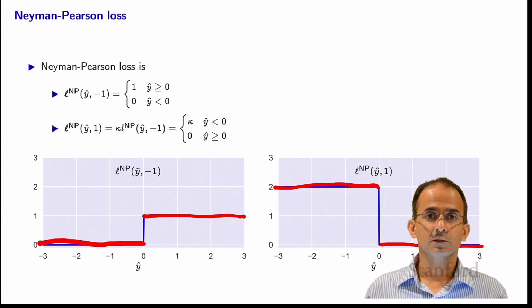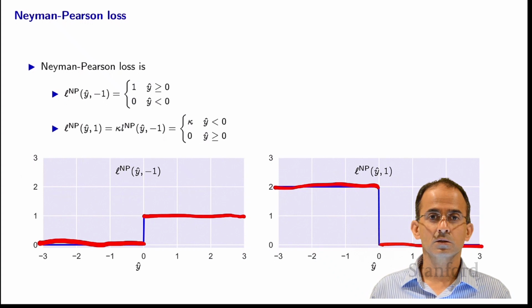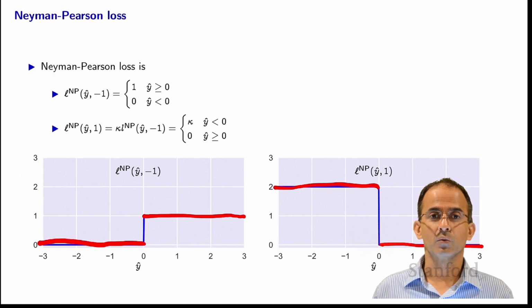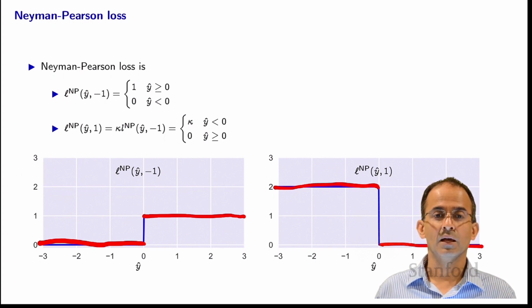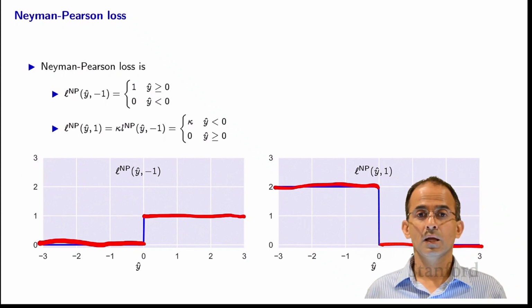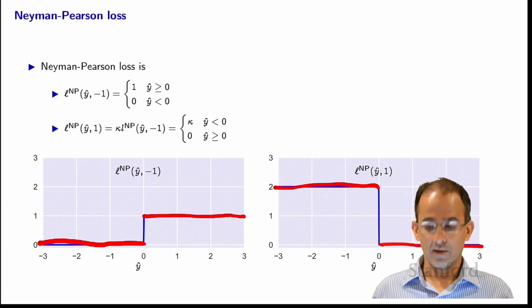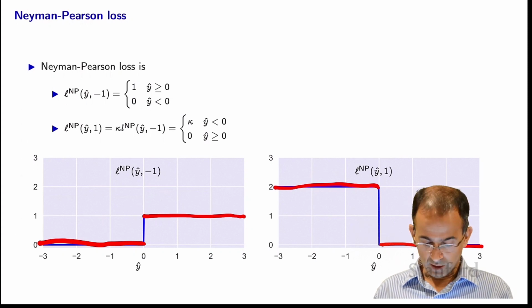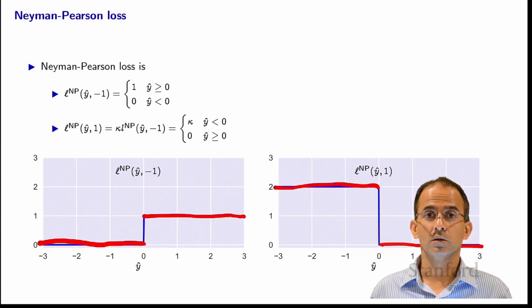And as a result, the Neyman-Pearson loss is the loss such that when we evaluate the empirical risk, well, what's going to happen? We're going to score 1 point for every time y is minus 1 and y hat is 1. And we're going to score kappa points every time y is 1 and y hat is minus 1.